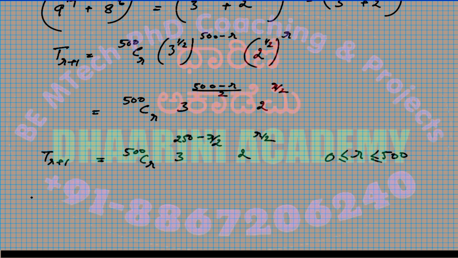So I'll just write one point for r starting from 0, 2, 4, 6, etc. up to 500, every even number.